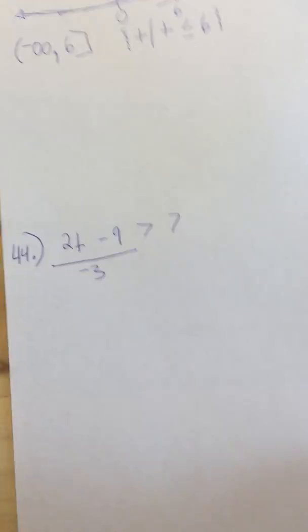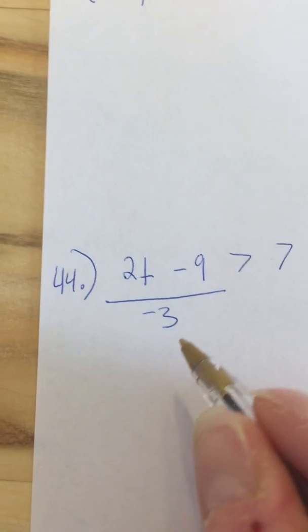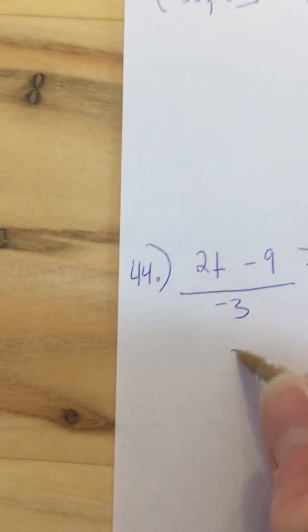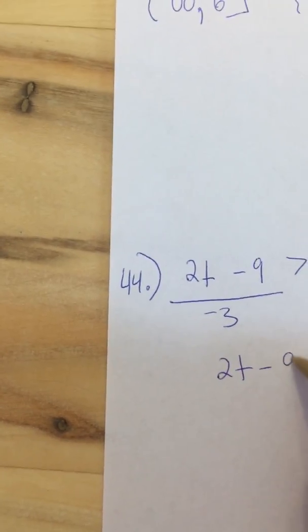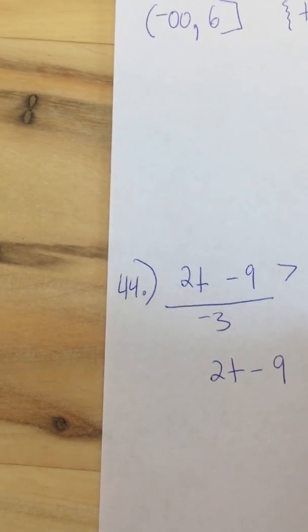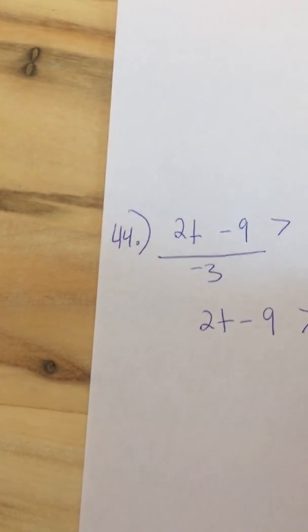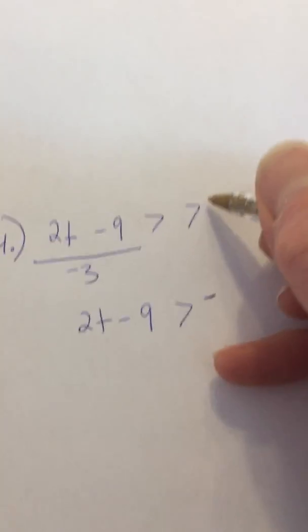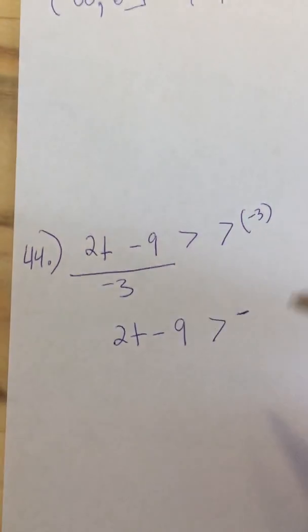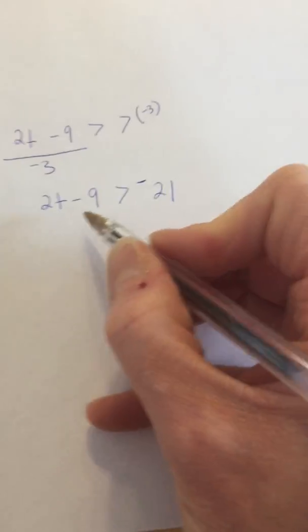Here's problem 44. Problem 44 is a little bit tricky because I have to get rid of this negative 3 down here. The way I'm going to do it is multiply to get rid of it. So I'm going to multiply up here, this times negative 3, so I'm going to get negative 21, and it's going to get rid of this over here.